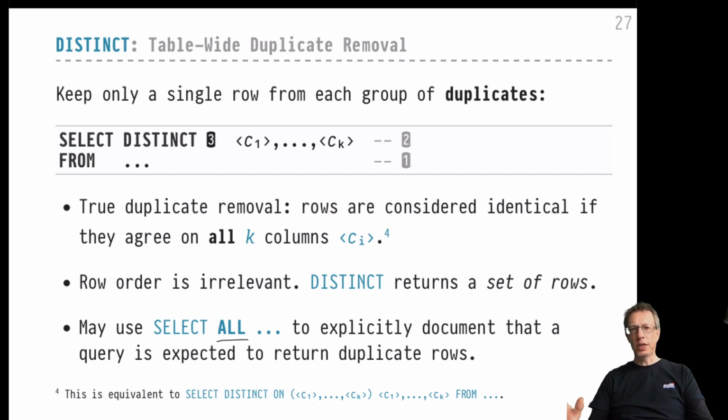So please application, please user, expect duplicates to be returned from this particular query. As I said, this is the default behavior in SQL and would not need any particular modifier, but this all modifier can be used to explicitly document to the readers of your query, hey, expect duplicates, the result will be a bag of rows. Okay, so much for that.